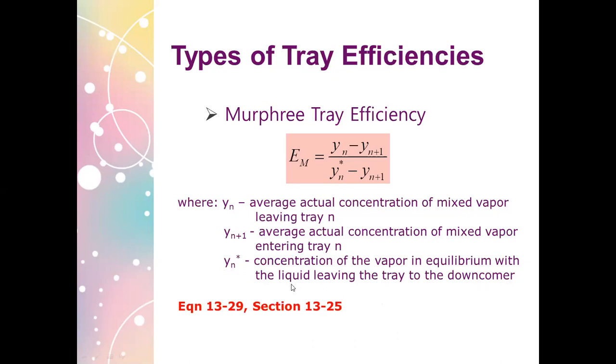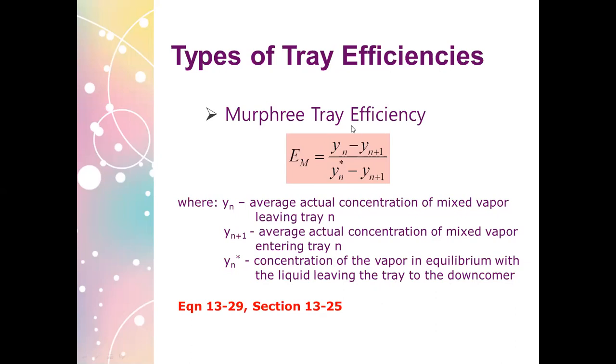The liquid is actually guided by the downcomer in flowing down the column or still. So this is our formula. This formula gives you a much more accurate way of expressing the efficiency of your column, and oftentimes, this is the efficiency that is given in problems.